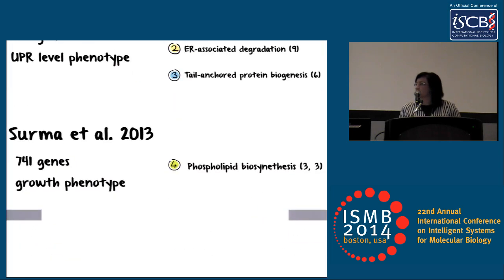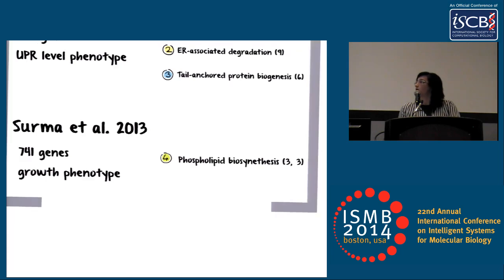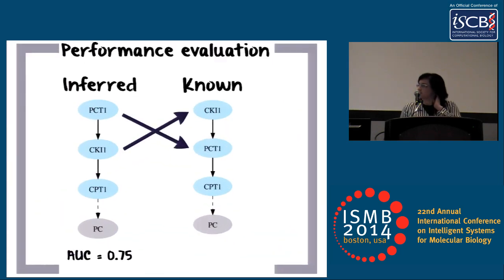The second data set is a recent data set from a couple of months ago. It's a bit larger, and they measured a different phenotype. They measured the sizes of the colonies of yeast genes. And our goal will again be to compare the inferred and true networks and relationships between genes included in these data sets. We do this by measuring the area under the ROC curve, or AUC.